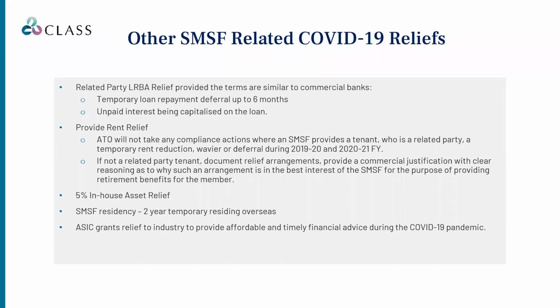The residency test relief: if the 2-year temporary residency rule was inadvertently breached due to COVID-19 travel restrictions, again, the ATO will not take any compliance action on this. And lastly, just be aware, some accountants without a financial service license will be able to provide financial advice to clients accessing super benefits based on the relief provided by ASIC.